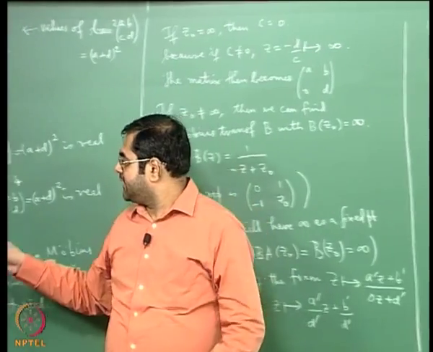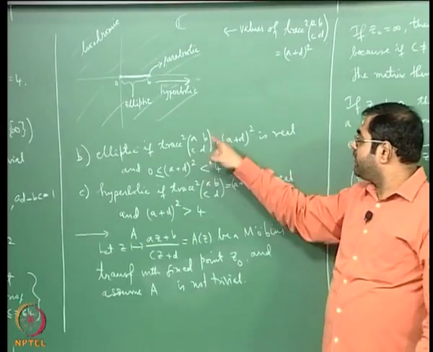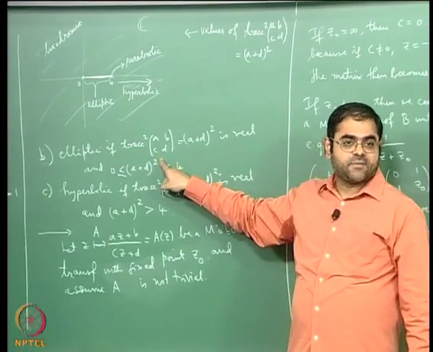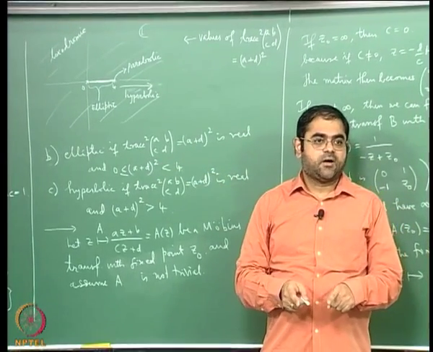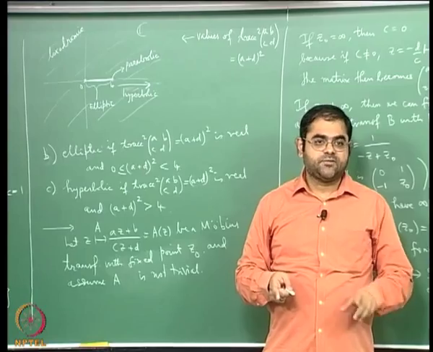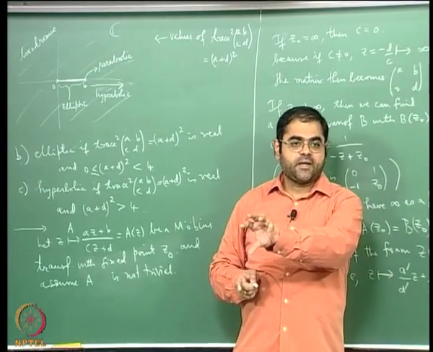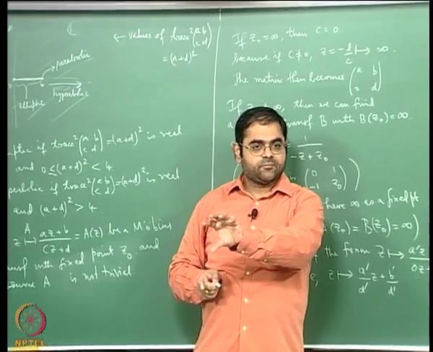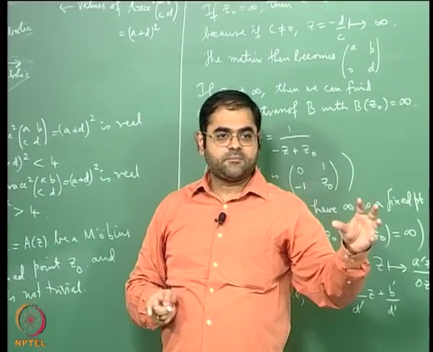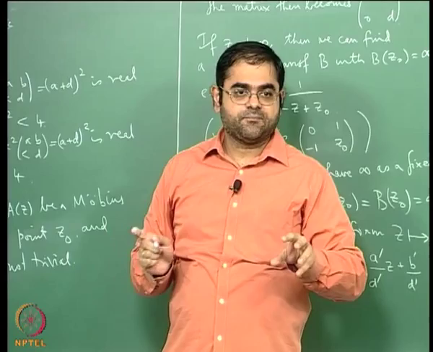That is because that property is defined by looking at the value of trace squared of this matrix, and the trace of a matrix is invariant under conjugation. That is, you take a matrix, pre-multiply it by an invertible matrix and post-multiply it by its inverse, then the trace continues to be the same.